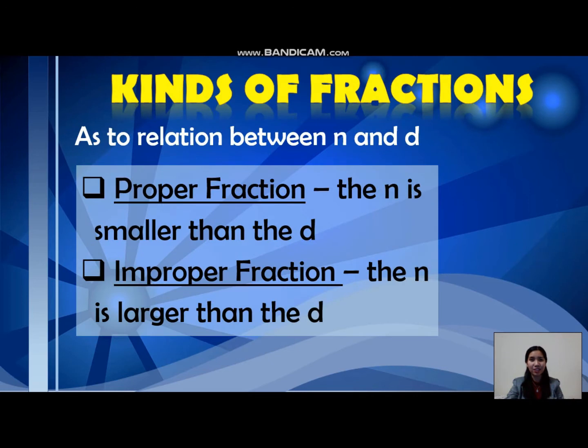Let's now have the kinds of fractions. First, as the relation between numerator and denominator. It is proper when the numerator is smaller than the denominator. Example, 5 over 7. Next, we have improper fraction. It is improper when the numerator is larger than the denominator. Example, 8 over 3.